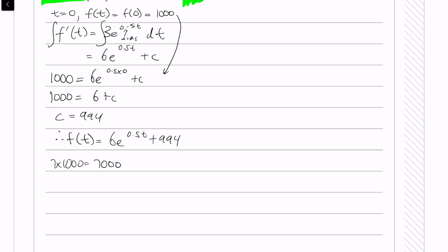Okay, so that will be my f(t) that I'm trying to find here. So 7,000 equals 6e to the power of 0.5t plus 994. Okay.